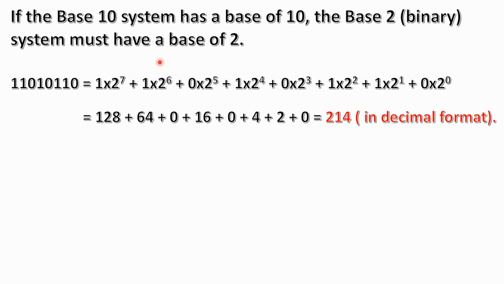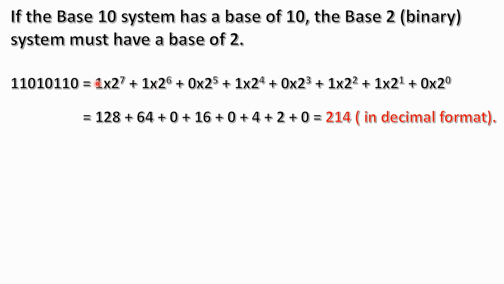If the base 10 system has a base of 10, the base 2 binary system must have a base of 2, right? So we take this binary number and break it out as we did before. It's 1 times 2 to the 7th. Remember, it's a base 2 system, so we're always going to have 2 as the base.